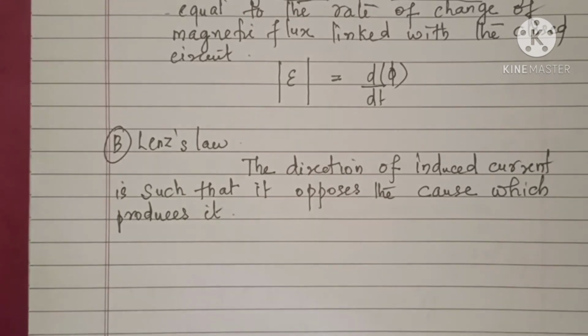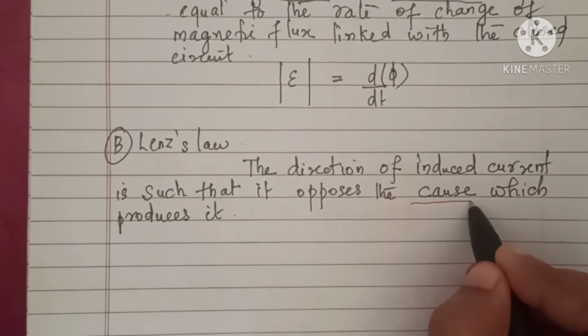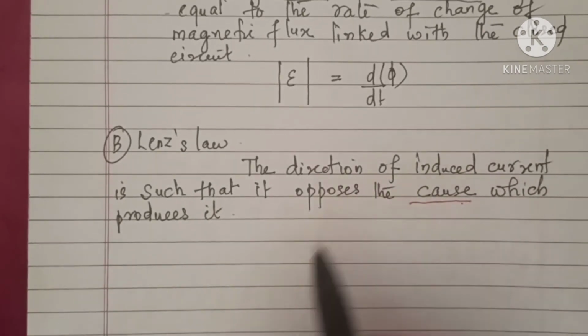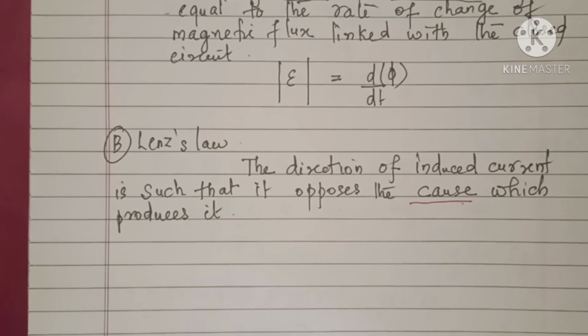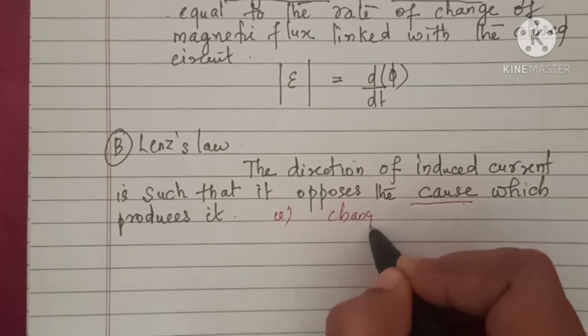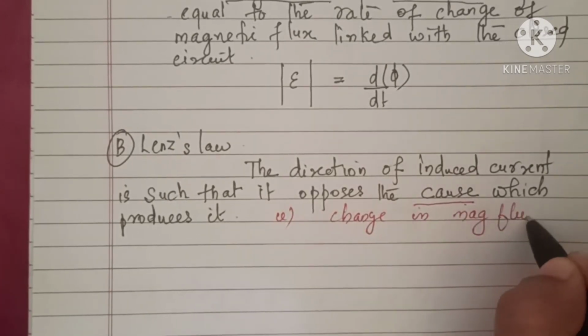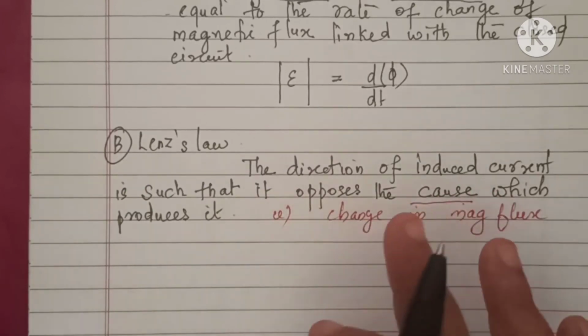The cause that produces the induced current, it opposes that. That is Lenz's law. So what is the cause of this induced current? Yes, it is the change in magnetic flux.